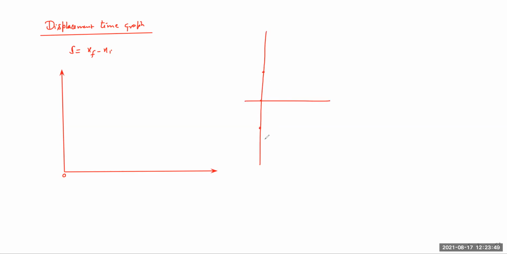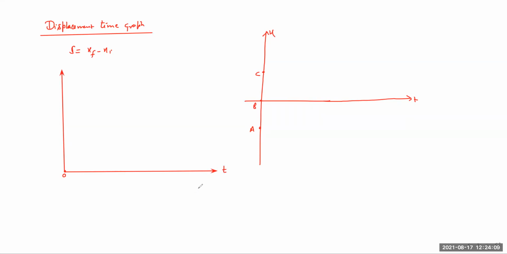So what are their displacement? Zero as of now, right? So all three athletes may have different position, but at t equals to zero, what is their displacement? Can you tell me? Zero.